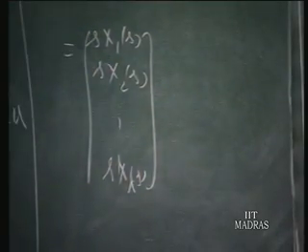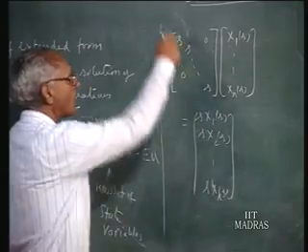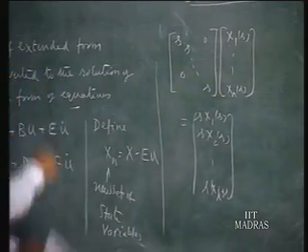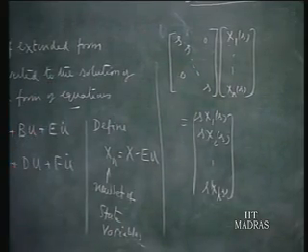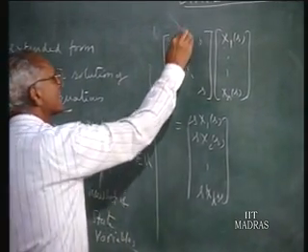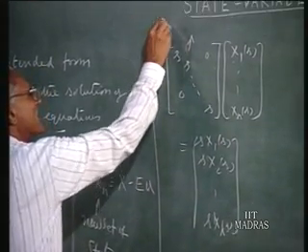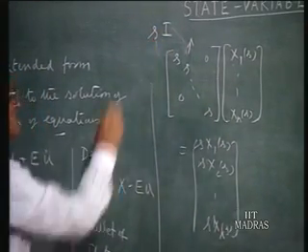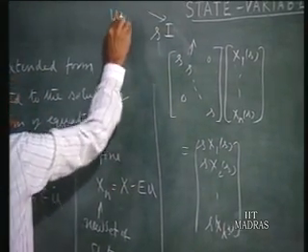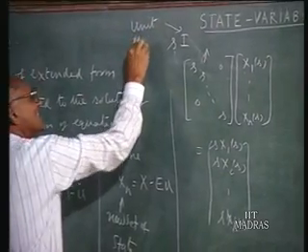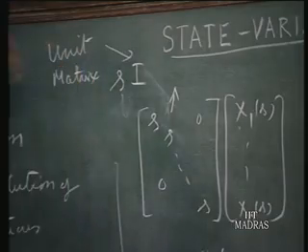And this particular matrix has only diagonal entries and all of them are equal to s, so this matrix is s times the unit matrix I, where I is the unit matrix which has ones all along the diagonal.